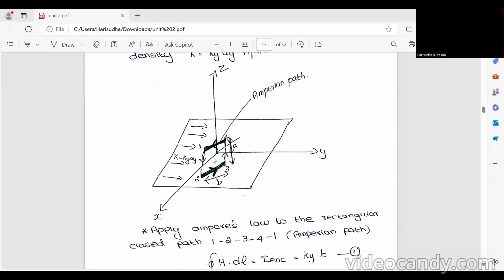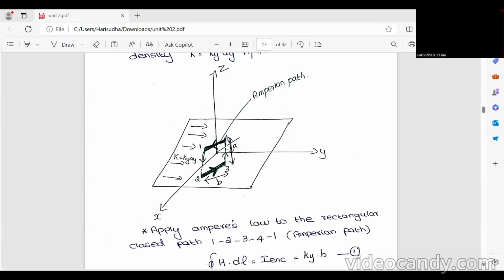So we are considering an infinite current sheet in the Z is equal to 0 plane. If the sheet has a uniform current density, which is represented by K is equal to Ky Ay unit vector, the unit of K will be ampere per meter.